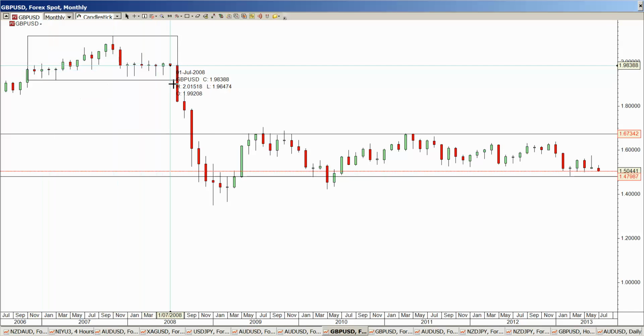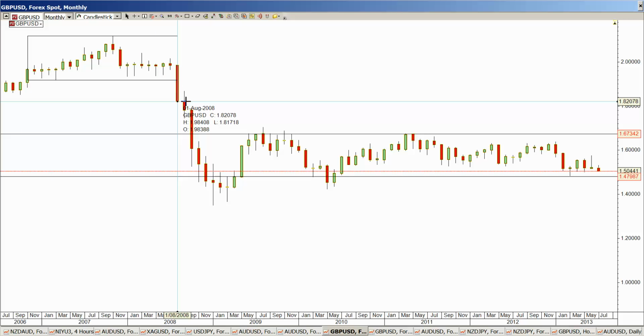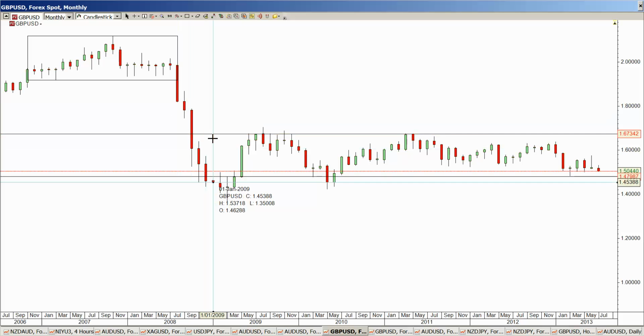Obviously that's less than 2 years, and it's a massive move from the high of that candle 198 down into the lows 135. So what's that, 63, 6,300 points. A massive move.